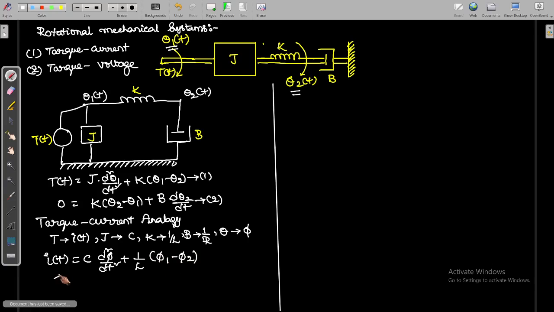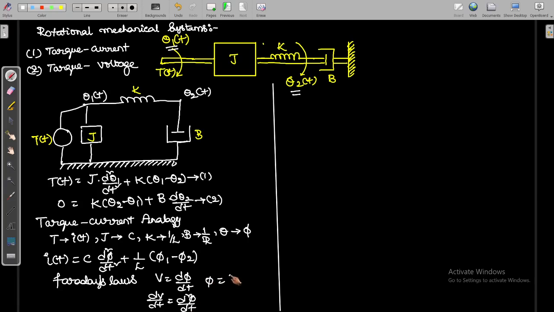From Faraday's law we already know that V is equal to d phi by dt. Differentiating on both sides, dv by dt becomes d square phi by dt square, and phi can be written as the integral of v dt. We can replace these in the above equation.